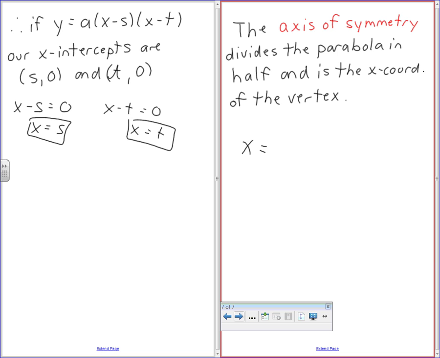So x is going to equal s plus t divided by 2. So what this actually means is add your x-intercepts and divide by 2.